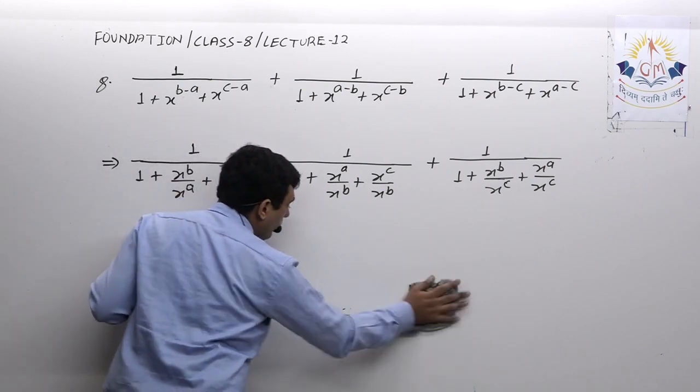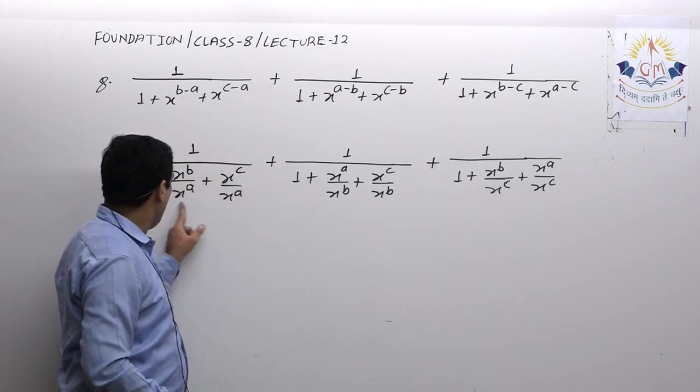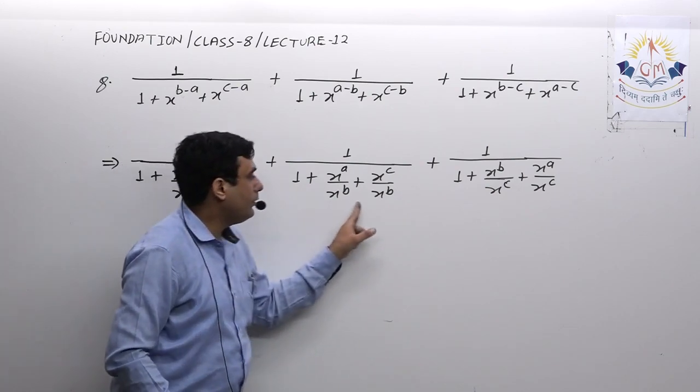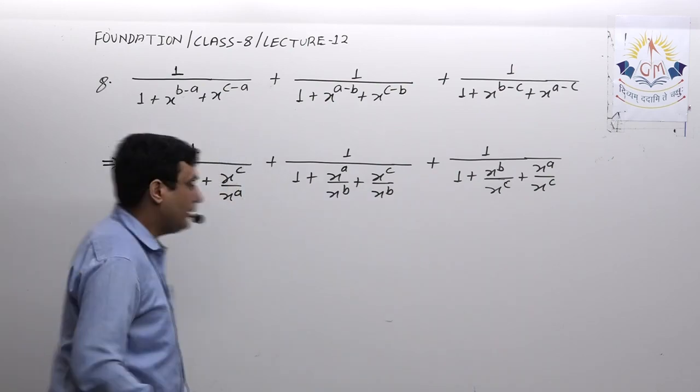Okay, and almost similarly we have the second term. Here you can see the denominator x raised to a, here the denominator will become x raised to b, and over here x raised to c.